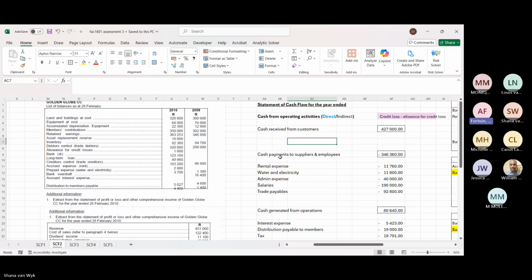Is it possible to email it to Shauna van Wyk while we wait? Yes, I can do that with pleasure. What is her email address? Someone put it in the chat. It picks up as Shauna van Wyk. Ah, okay.